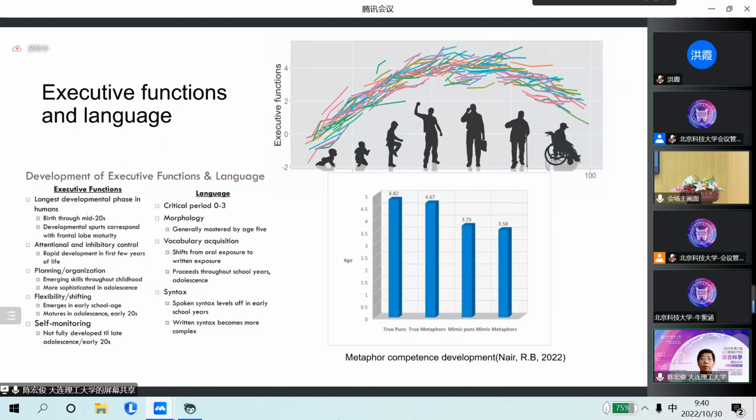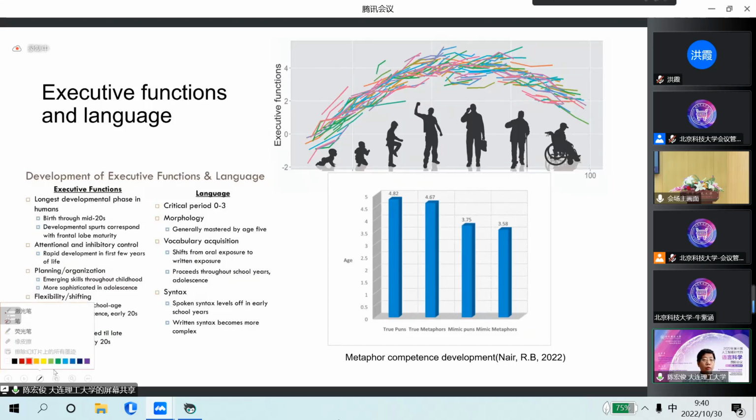Executive functions develop as a person grows up, and also decrease as you become old. So it's very important to see the development of executive functions and language.